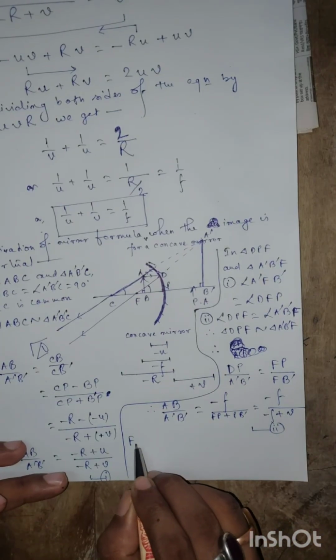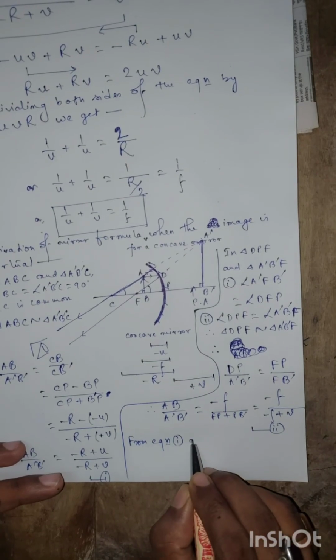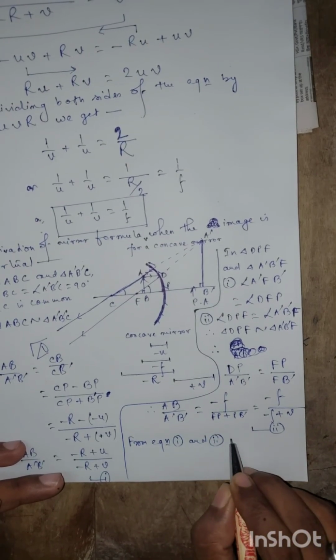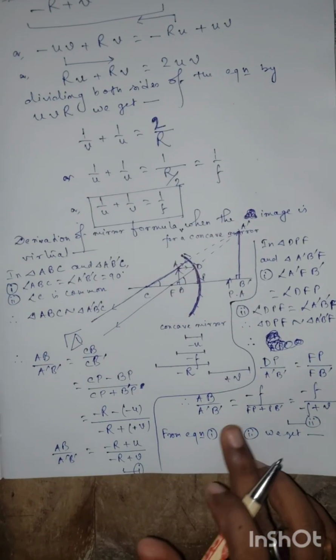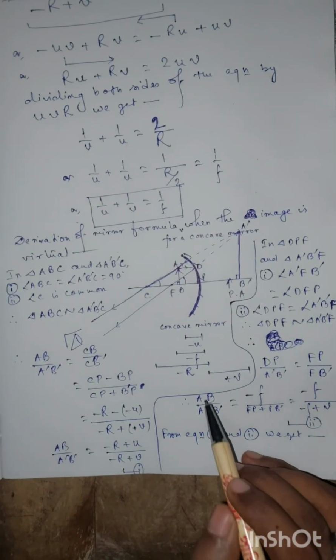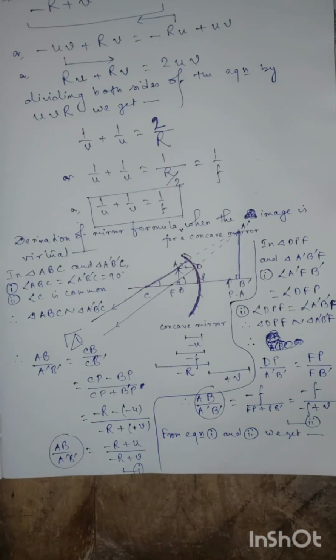So from equation 1 and 2 we get: we can compare these two equations because we can see this is AB by A dash B dash, this is also AB by A dash B dash.